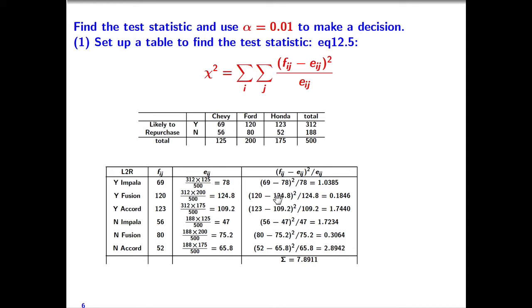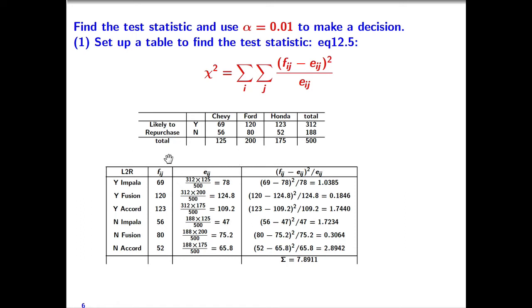So we set up this table with the observed frequency Fij to be 69, 120, 123, 56, 80, and 52. That's from this sample result table.